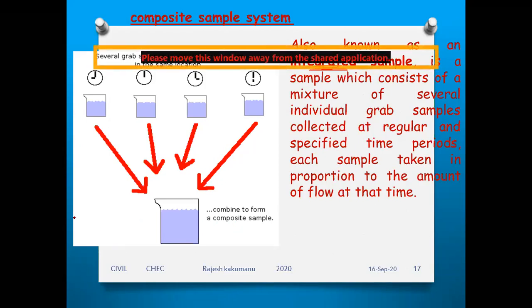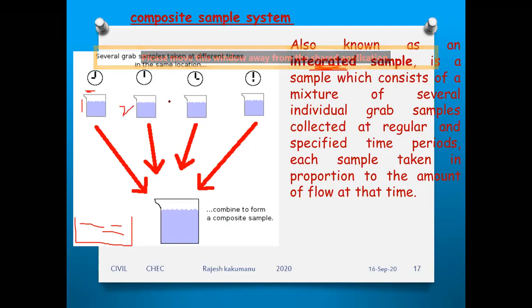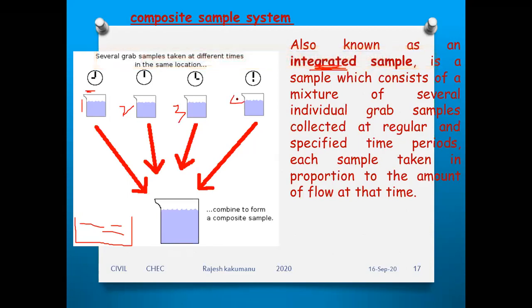That is, there is water in a river bed, a water bed, or a water container, and we are going for testing of this one. So at 8 o'clock, at 9 o'clock we will take sample 1. At 12 o'clock we will take sample 2. At 3 o'clock we are taking sample 3. At 6 o'clock we are taking sample 4.